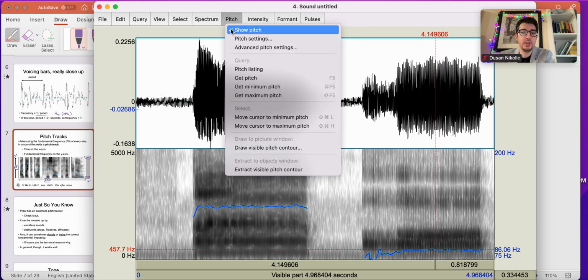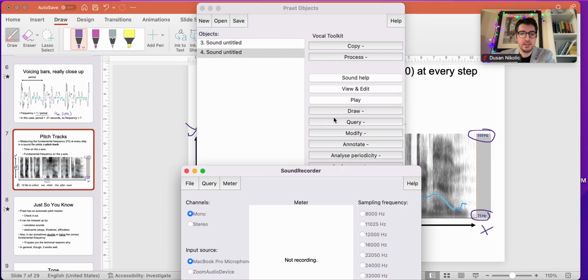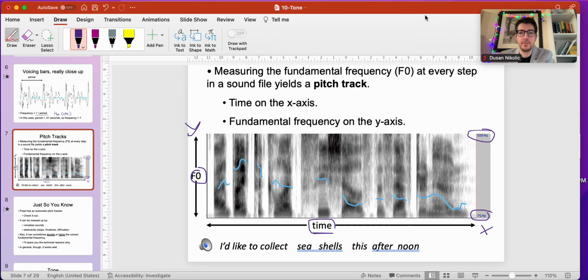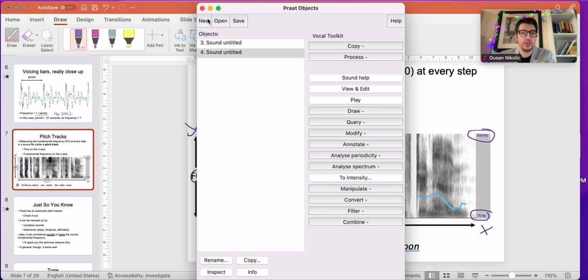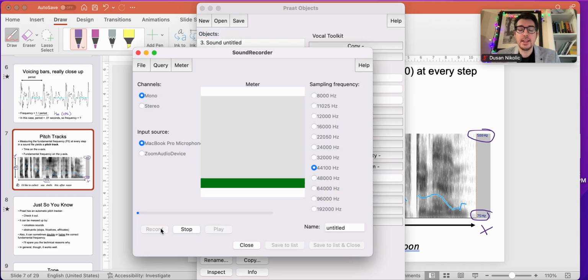Set it to your range if you're producing something, or set it to the proper range when you're listening to a person. So if I maybe record the sentence, "I'd like to collect seashells this afternoon." Okay, let me give it a shot. All right. "I'd like to collect seashells this afternoon."